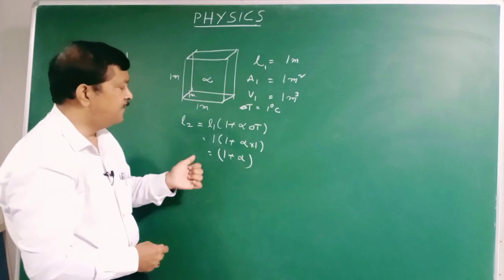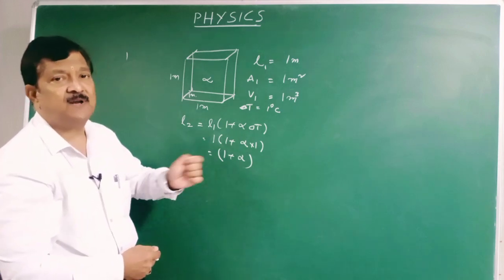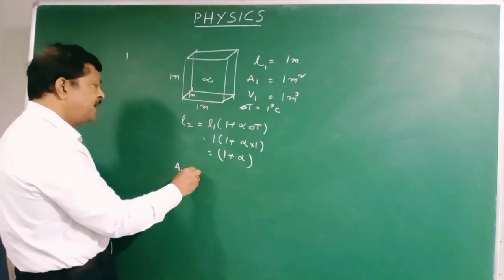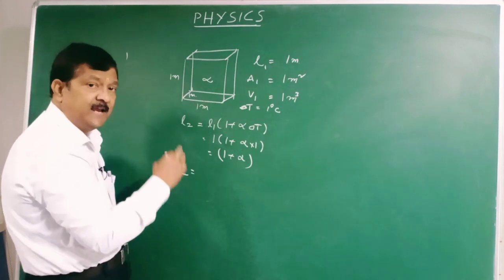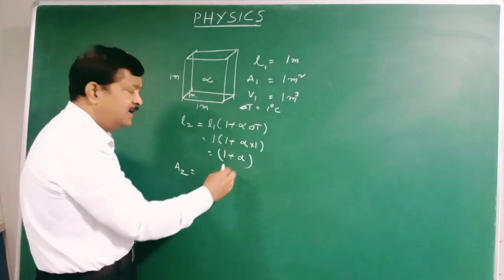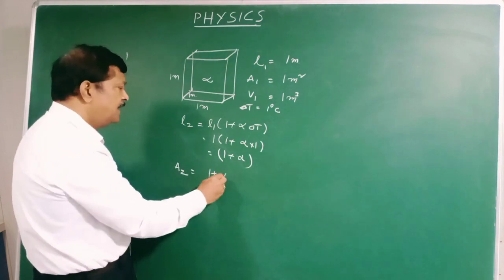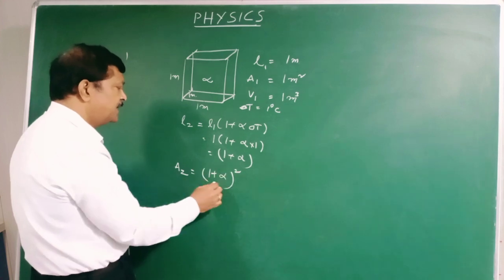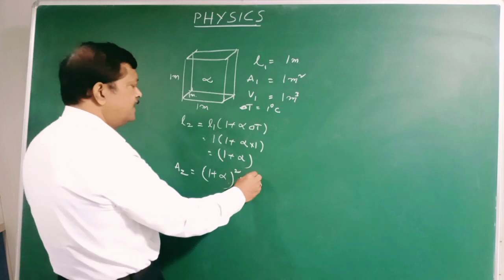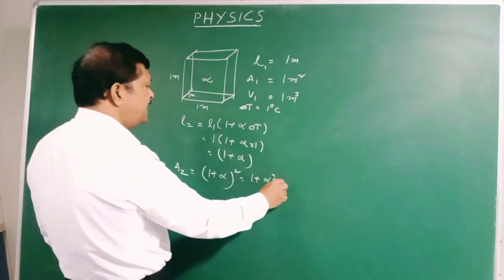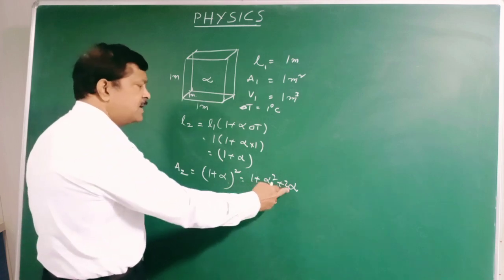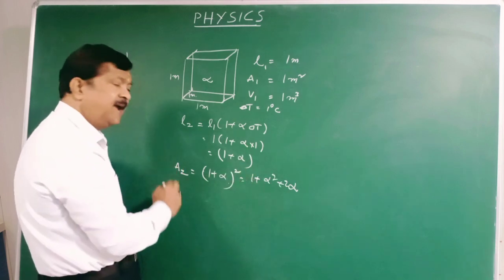Now as the length in any direction is 1 plus alpha, let us calculate the area. Every face is a square of dimension 1 plus alpha. So the area becomes length into breadth, or because it is a square, 1 plus alpha whole square. Let us expand: it is 1 plus alpha square plus 2 alpha. That is the final area.